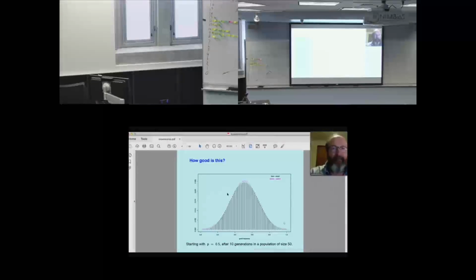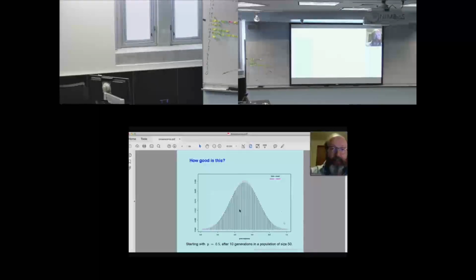Is that okay? So this is an exact calculation of all of the probabilities using what's called the Wright-Fisher model, the basic model of genetic drift in natural populations, and what you see is that the gene frequency spreads out in what looks like a normal distribution, although it's bounded at 0 and 1.